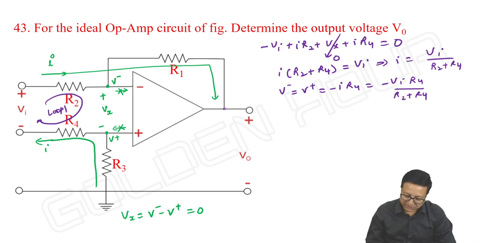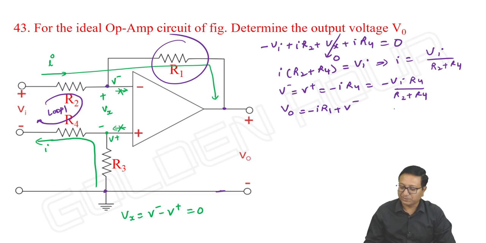What about V output? V output is the voltage across R1 plus the voltage at this point with respect to ground. So I can write V output is equal to minus I into R1 plus V minus. Is it not so? Voltage at this point with respect to ground. Ground means this level. So the voltage across R1 plus the voltage at this point with respect to ground.